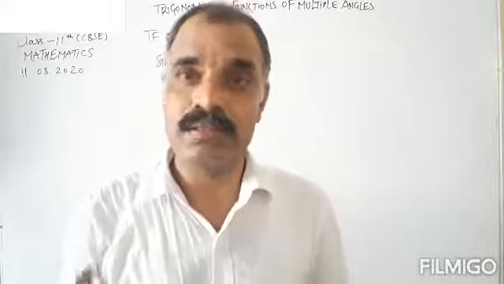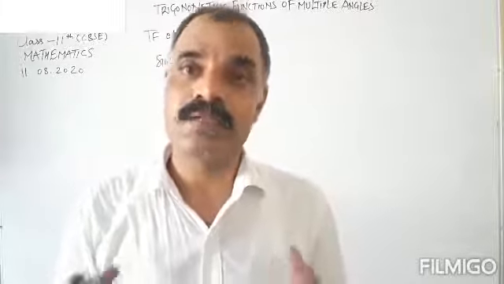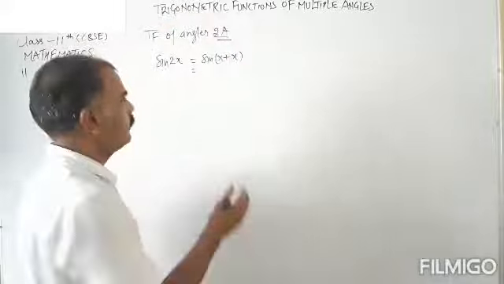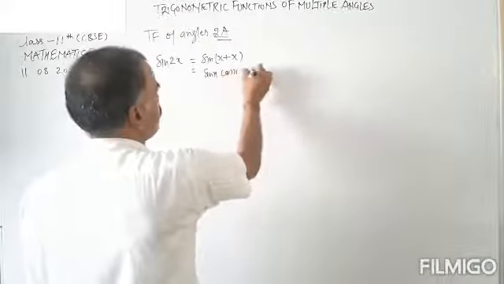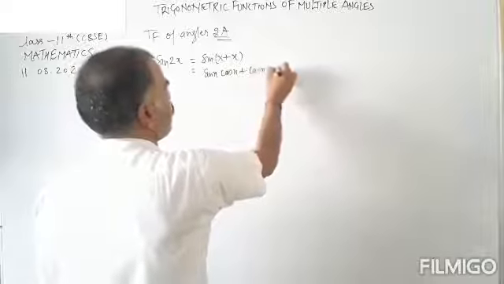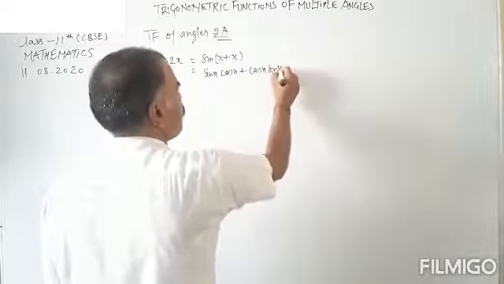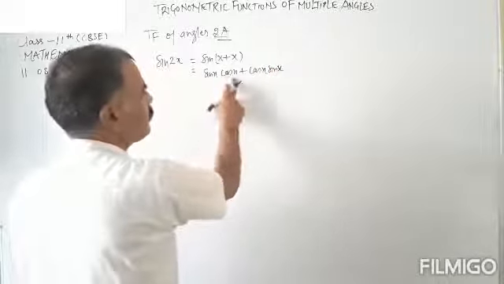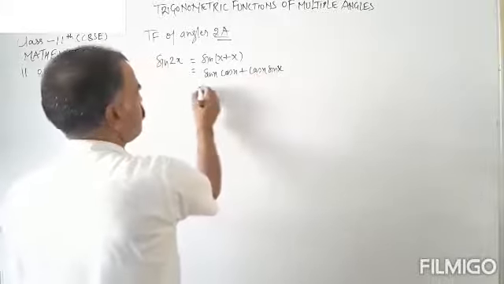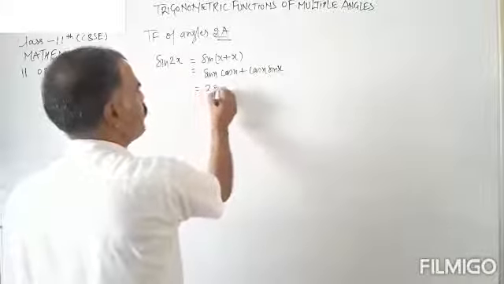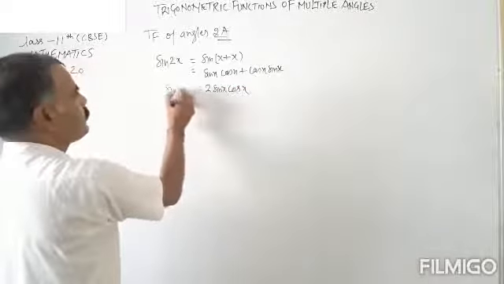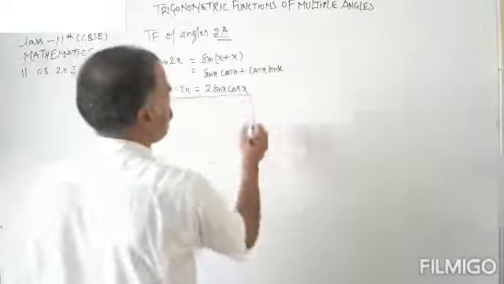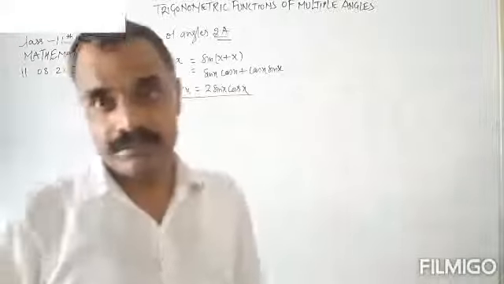Now here we will apply the formula sine x plus y, which is sine x cos y plus cos x sine y. So sine x cos x plus cos x sine x is equal to 2 sine x cos x. So sine 2x is equal to 2 sine x cos x.